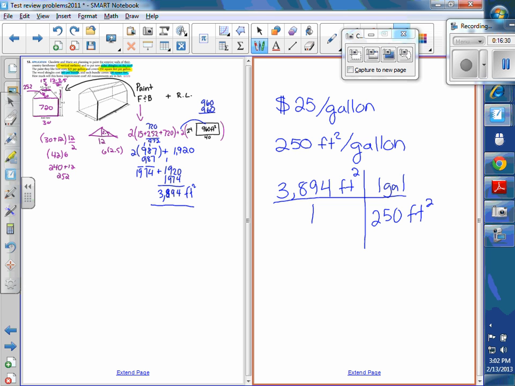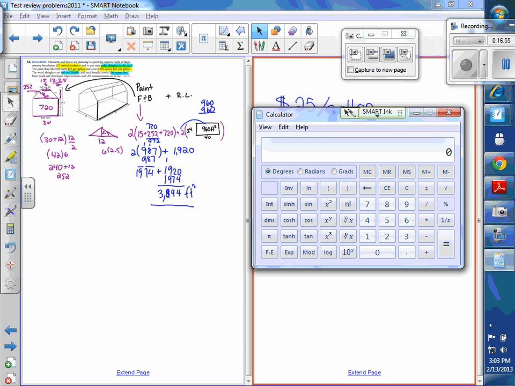When you write it like that, do you not do that in science? It's just fractions, right? You are dividing because this 250's in the denominator. So the idea is that your feet squared cancel. Then I would pick up the calculator because this is an application problem.